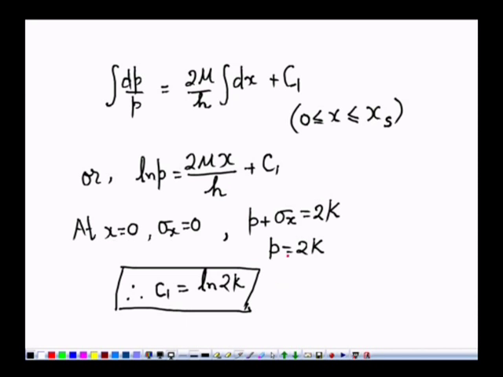In this way, if we put the value of C1, this P will become twice k e to the power twice mu x by h.